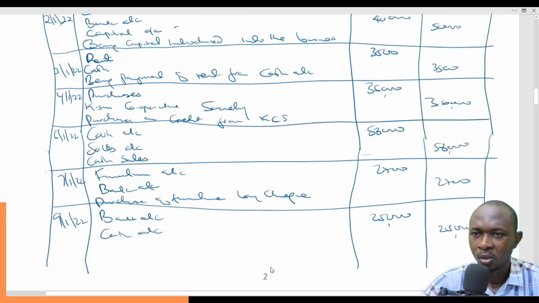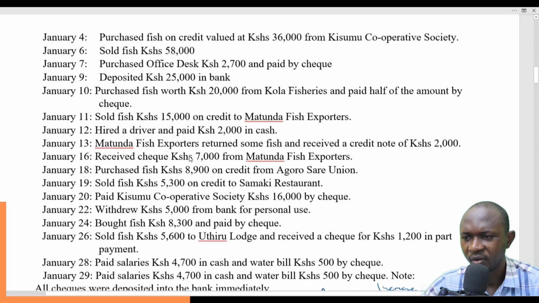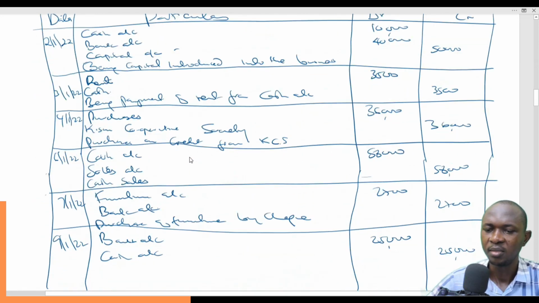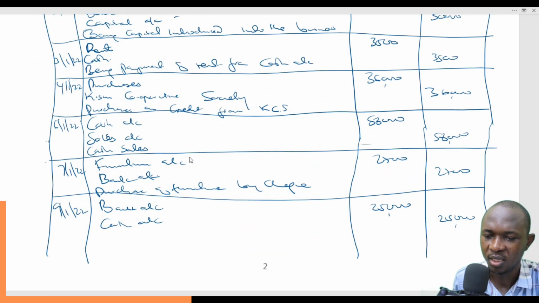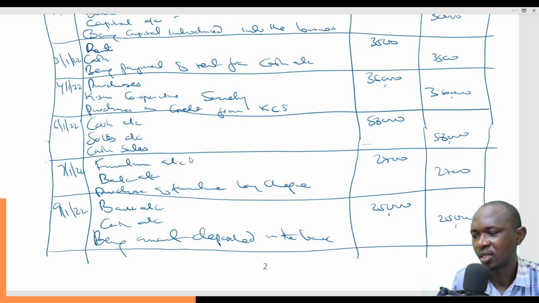Amount deposited, being amount deposited in the bank. That is the narration. So we close that like that. That's how we close. Okay, let's move on, and that's contra entry.